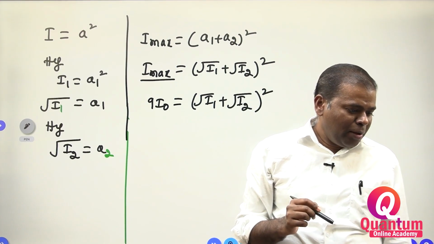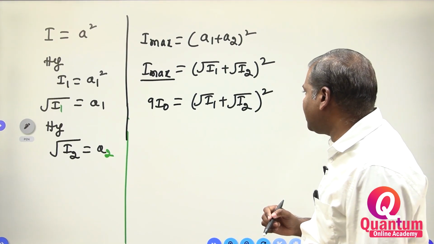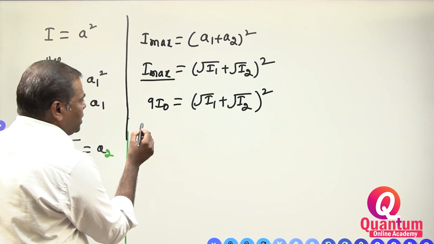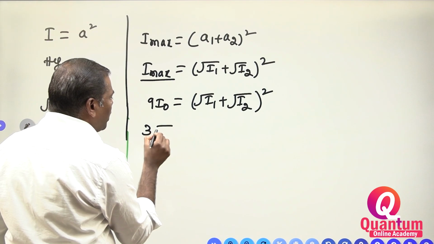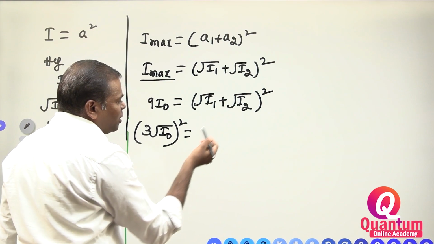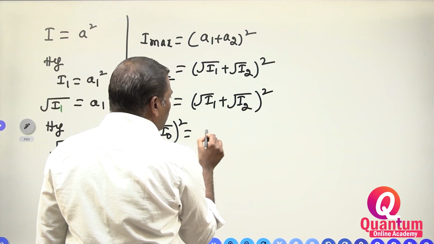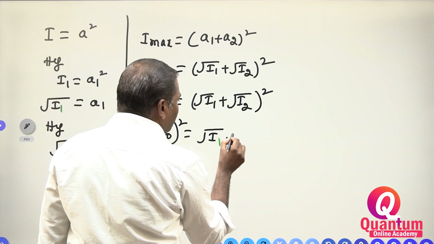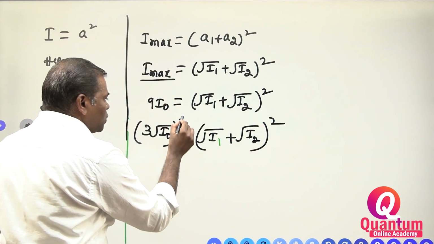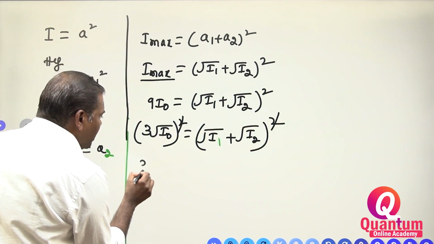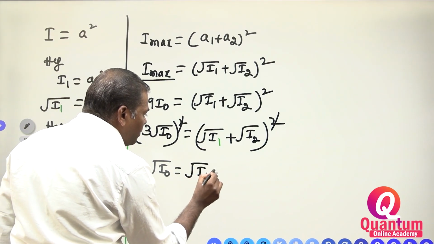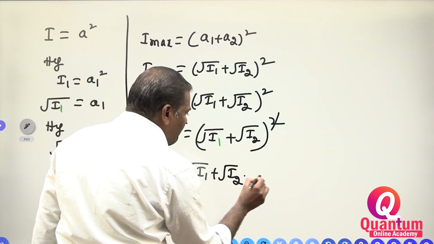Now we write (3 root I naught) whole square is equal to (root I1 plus root I2) whole square. The square gets cancelled: 3 root I naught is equal to root I1 plus root I2. This is equation number 1.